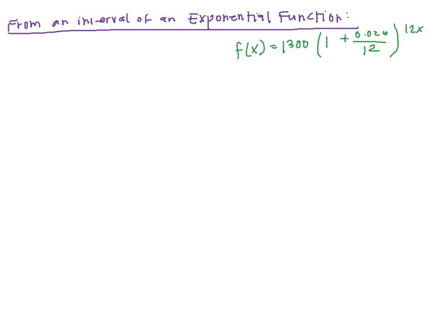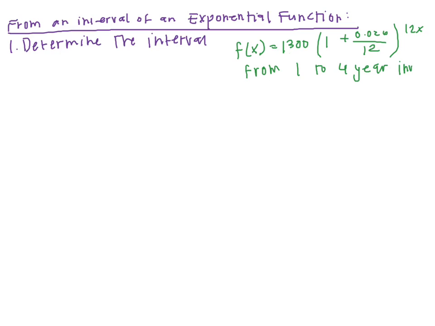So first thing I need to do is determine the interval. Well, I want to determine the rate of change from a 1 to a 4-year investment. And years are represented by the x value.